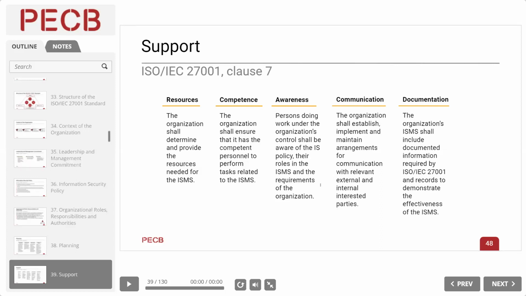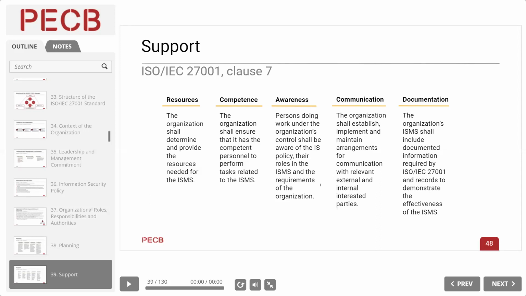So we need the awareness program to achieve the behavioral change. I mentioned a little bit about communication, that we need to communicate, ensure that the messaging is right to the targeted audience. And then we have documentation as part of the requirements.